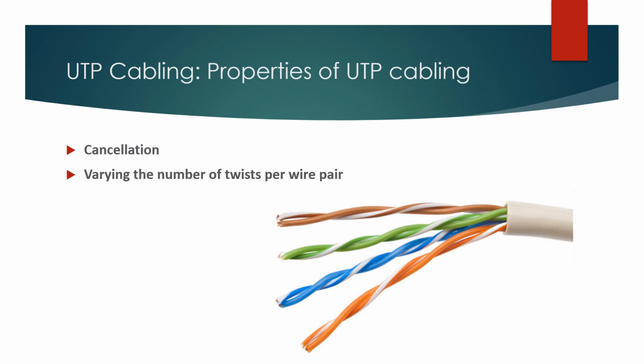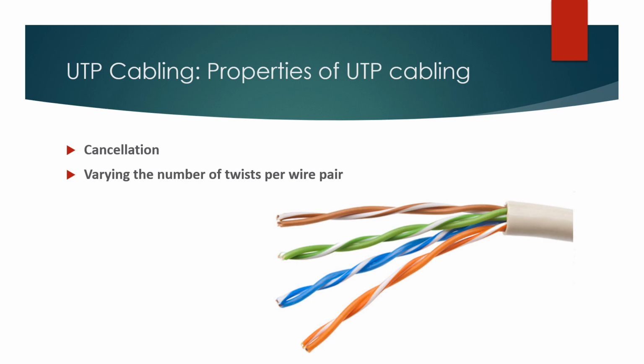Its small size can be advantageous during installation. UTP cables do not use shielding to counter the effects of electromagnetic interference and radio frequency interference. Instead, cable designers have discovered other ways that they can limit the negative effect of crosstalk.